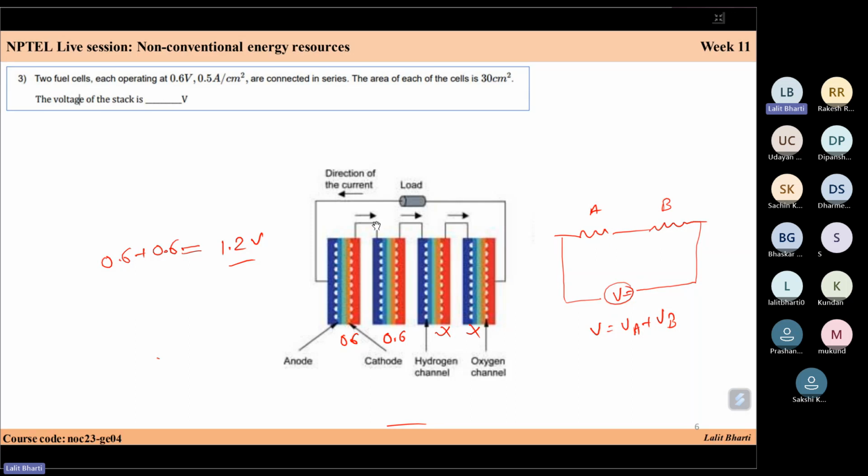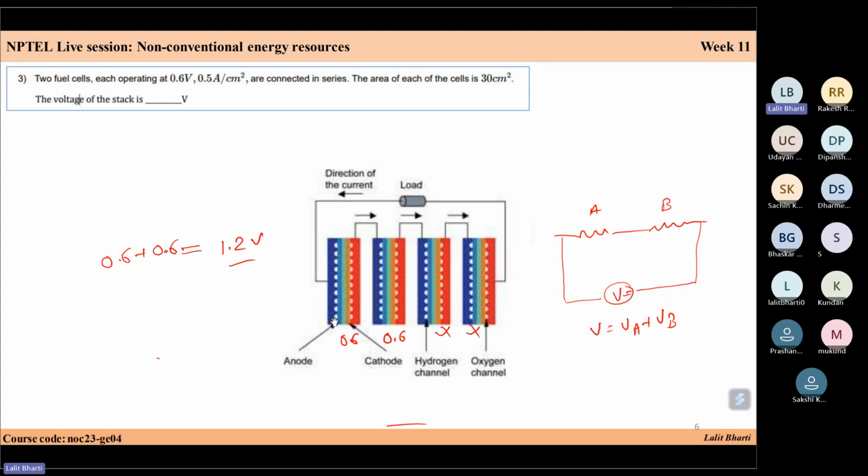So this question is on just the assembly of different fuel cells in a series connection. It says two fuel cells each operating at 0.6 volt but at 0.5 ampere per centimeter square. This is the current density we are getting, connected in series.